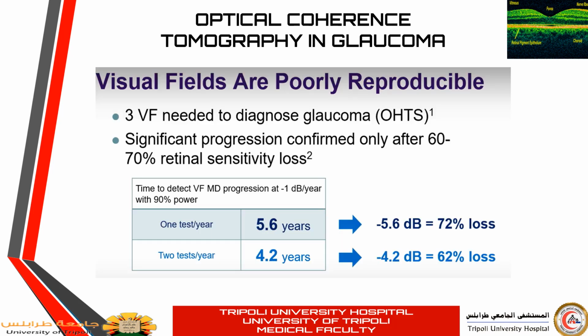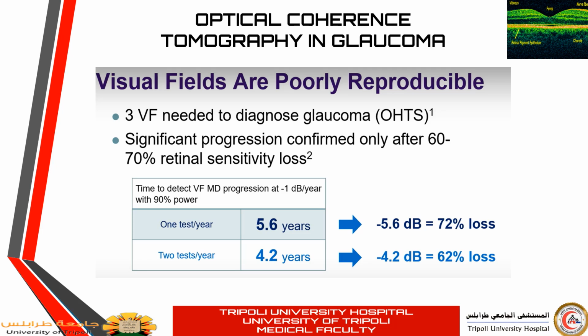So as I mentioned earlier, at least 3 visual fields are needed to diagnose glaucoma. This is as mentioned by the ocular hypertension study. And by that time, there is a significant reduction in the retinal sensitivity, reaching up to 70% before you confirm the progression of glaucoma.